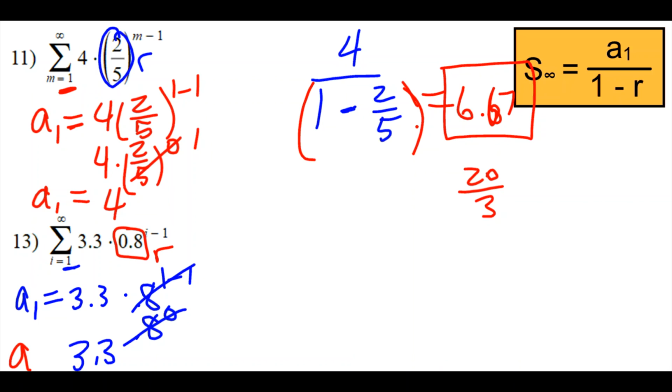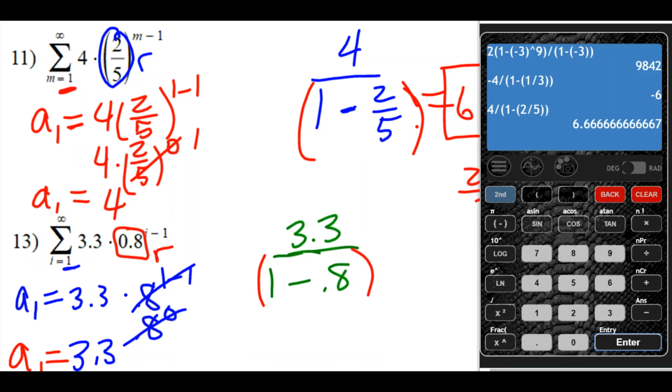So you've got A1 is 3.3, and R is 0.8. You do the exact same thing. A1 over 1 minus R, parentheses, 3.3 over parentheses 1 minus 0.8, 16.5.